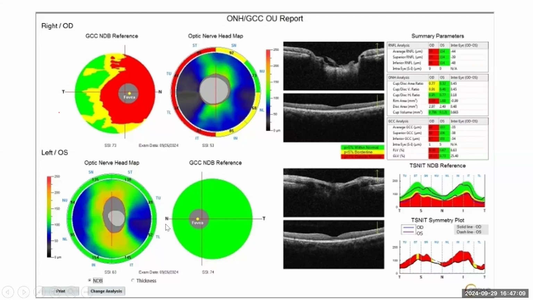The left eye is almost normal because the laser iridotomy was done quite early in that eye compared to the right eye. So I'm showing you this so that I can show you the vessel density and pick up from there.